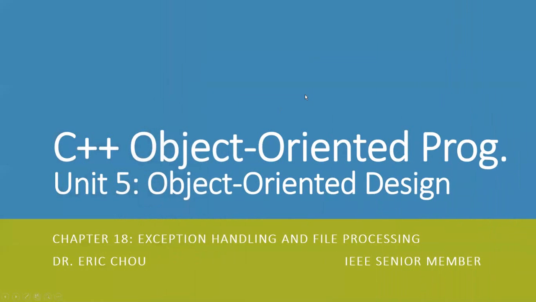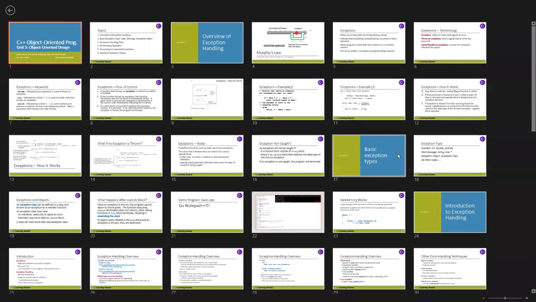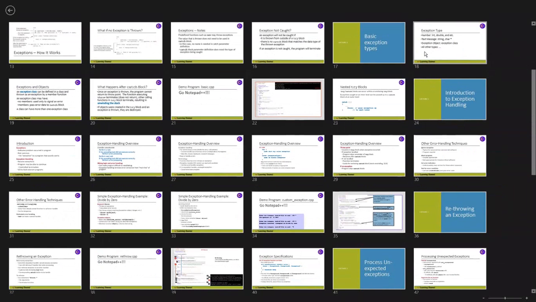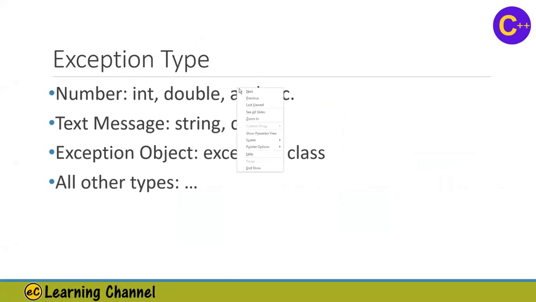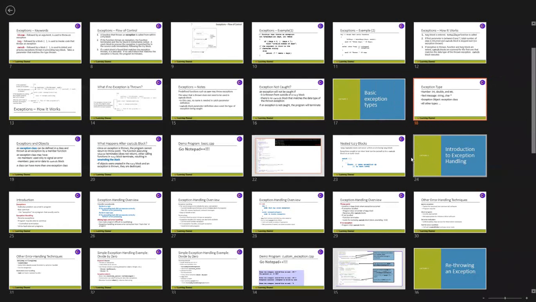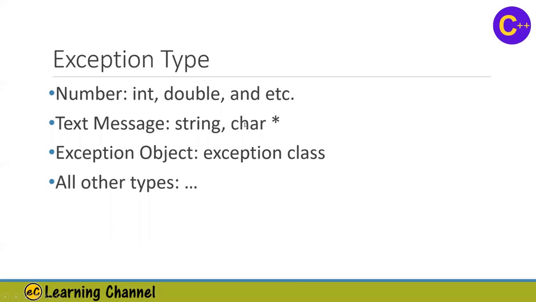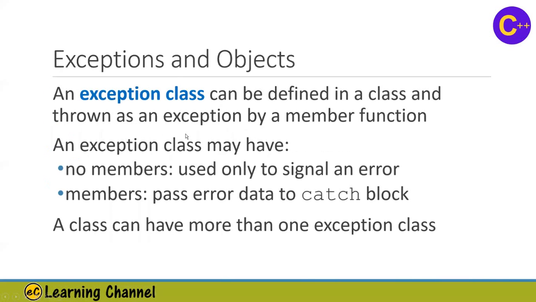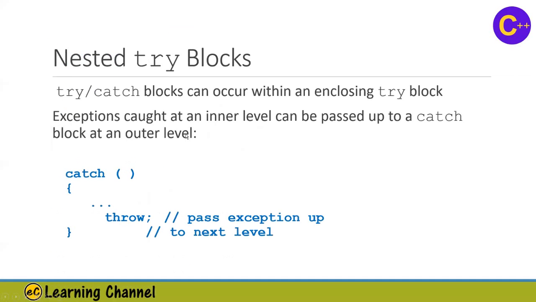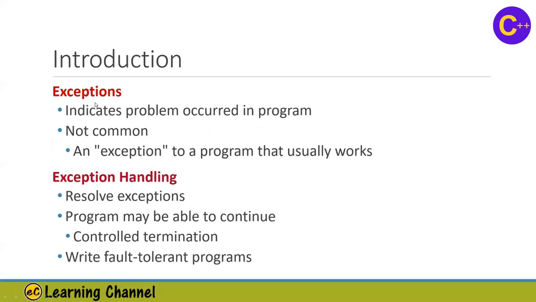Let's continue. So we finished the use of exceptions, right? Now we'll go into the exception types. Okay, for exception types we have the exception class, then the try block. An exception indicates a problem occurring in the program. It's not common, and the program usually works; generally the aim is to resolve the exception, and the program may be able to continue, or do a controlled termination.